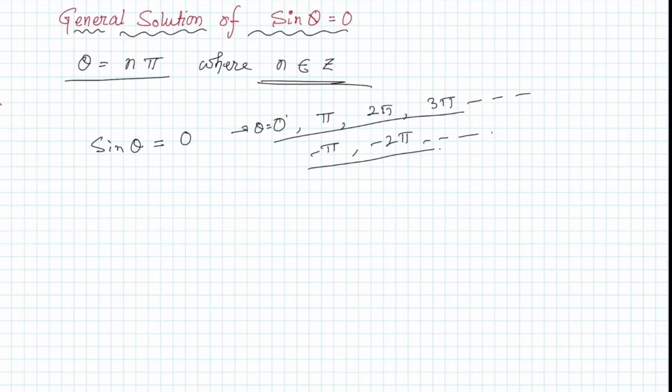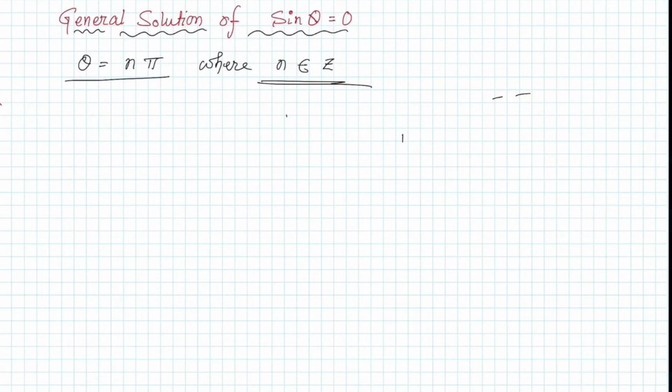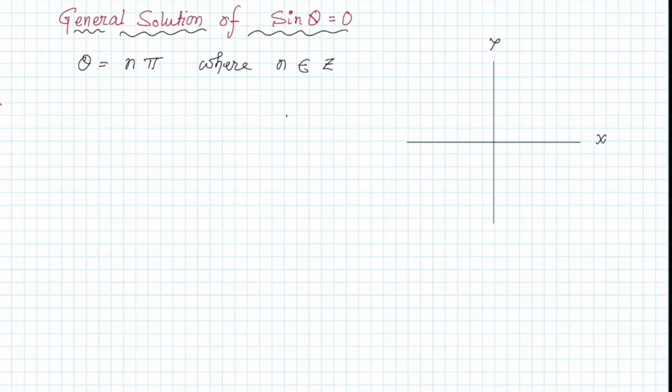Okay, so now let me show you again using the quadrant. Suppose this is the x axis, this is the y axis. Suppose we have a point here, P, on a terminal line OP, where its coordinate is x comma y.